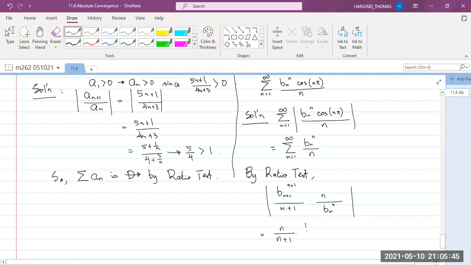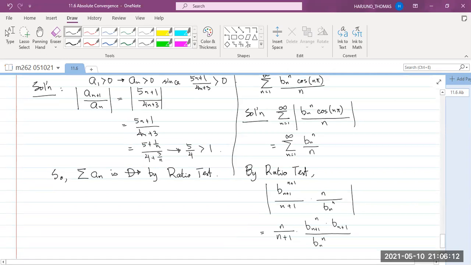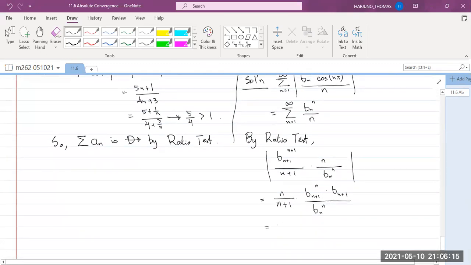And on the top, I have b sub n plus 1 to the n times b sub n plus 1, over at the bottom b sub n to the n. This is equal to n times n plus 1. I think I can bundle this together.